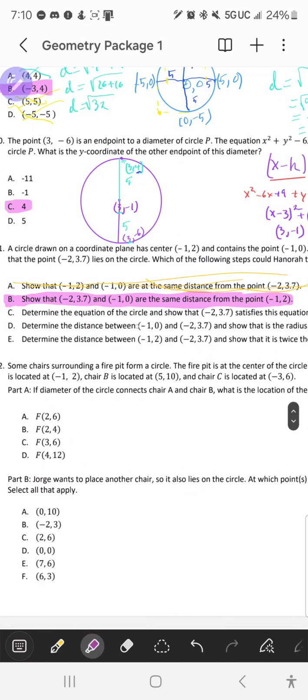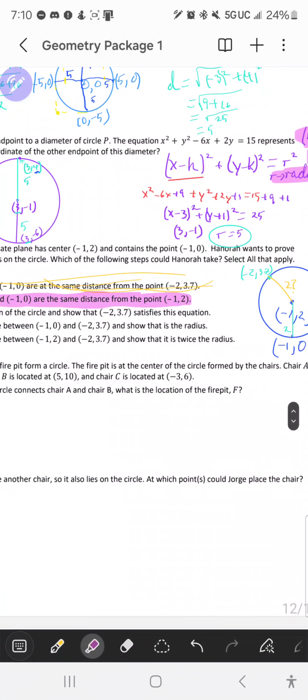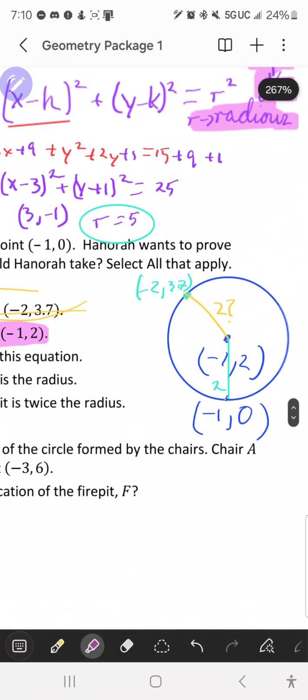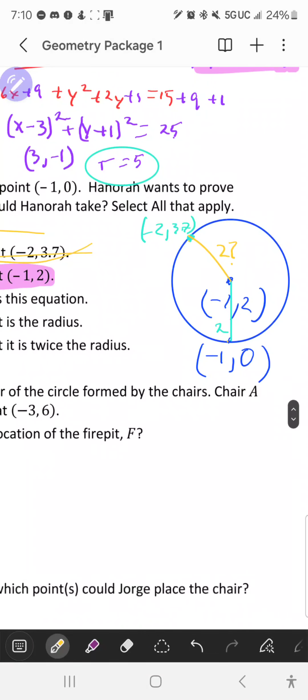Now it says select all that apply, so I just keep going. Now determine the equation of the circle and show that negative 2, 3.7 satisfy this equation. That's also true, because we could say that the equation of the circle, we know the center is this, so (x minus minus 1), so (x plus 1) squared plus (y minus 2) squared, is going to be equal to... The radius is 2, so the radius squared is 4.